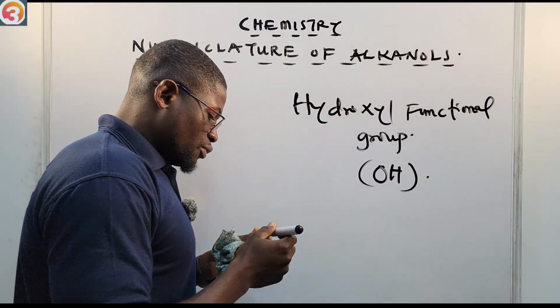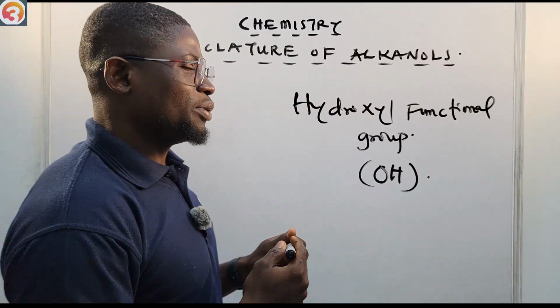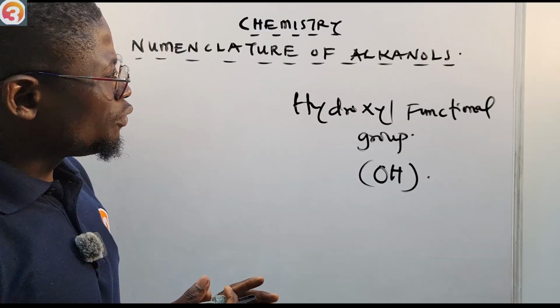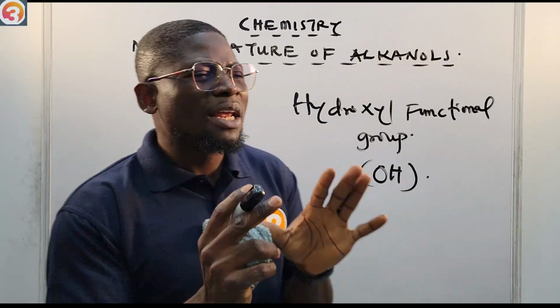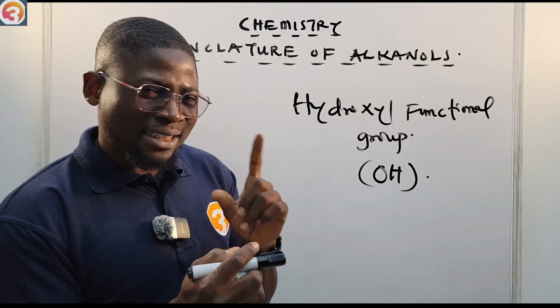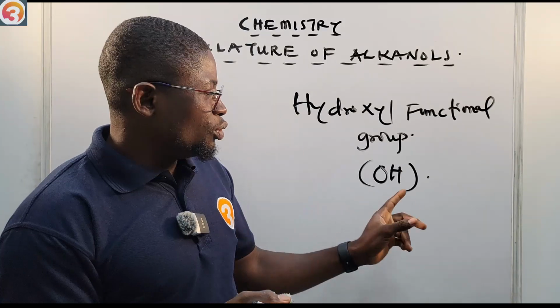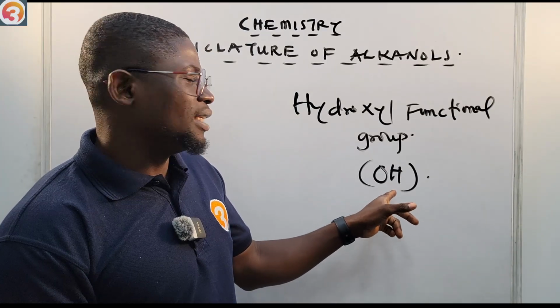Once you see OH group, you should know that we're talking about an alkanol. And of course, if we want to also name alkanols or alcohols as you may have it, it is very important that we give respect to this is Ichie of the alkanols group.